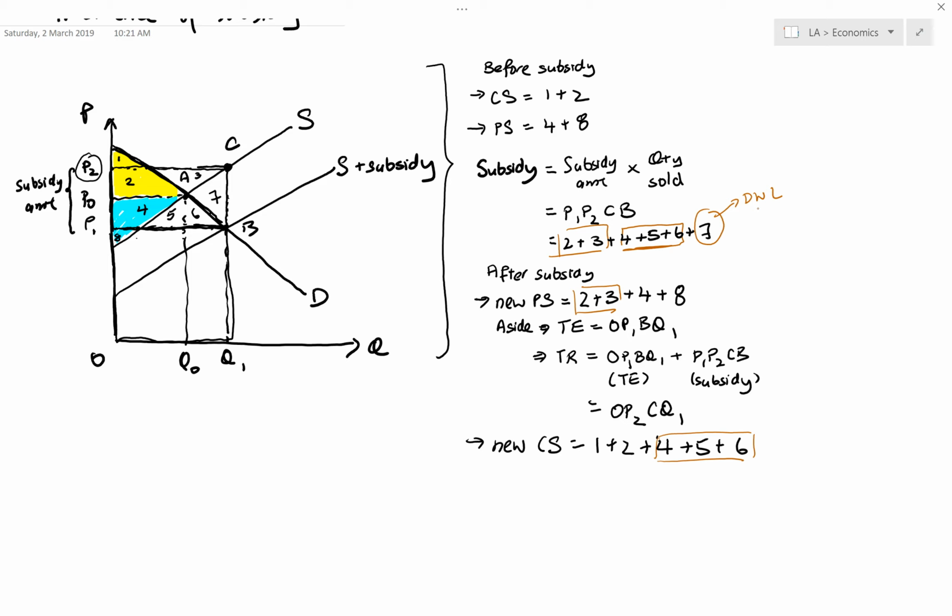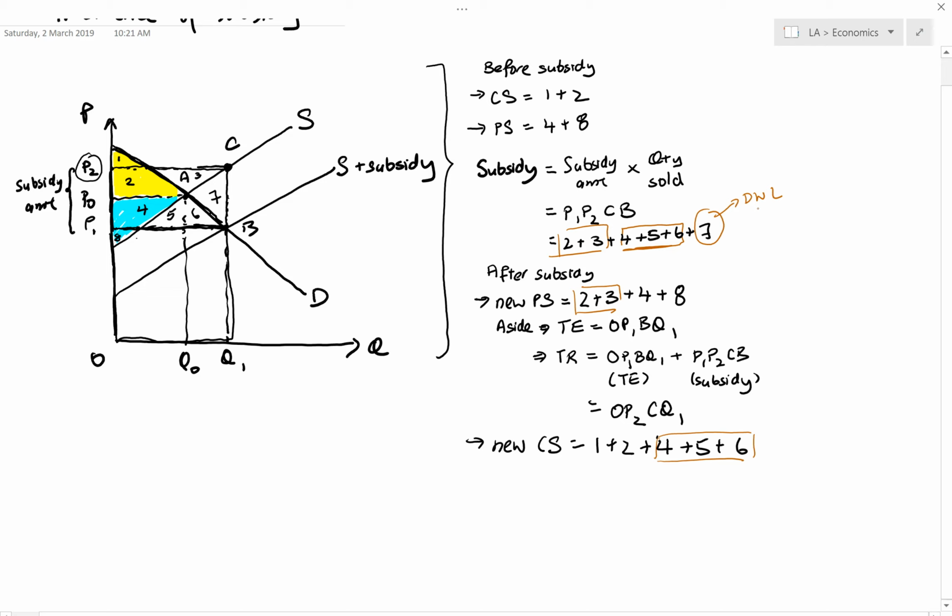If you look at the supply plus subsidy, actually by right it is this triangle here. You can put a tier, then 8, 9, 10, 11, no problem. The reason is because it overlaps. By right, this triangle here is the same as this triangle here.